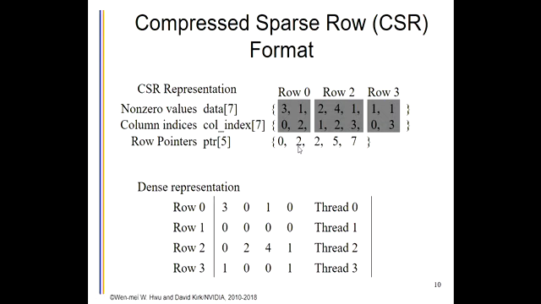We say that row 1 starts with location 2, and the next row also starts with location 2. When you have 2 consecutive rows starting in the same position, the first one is empty, because it would have ended at the location before that. It ended before it even started. That's how you know that it's empty.